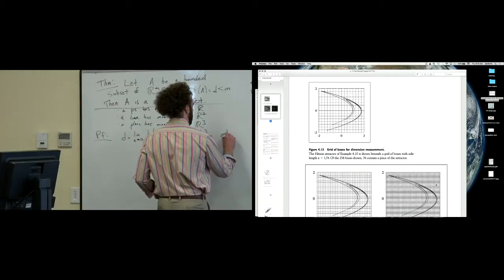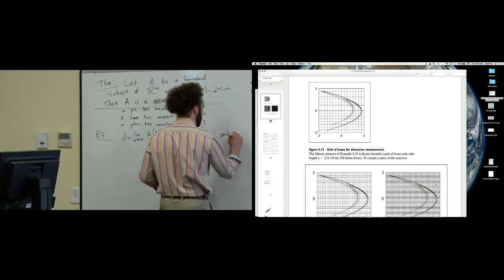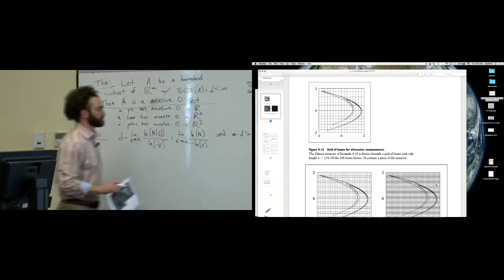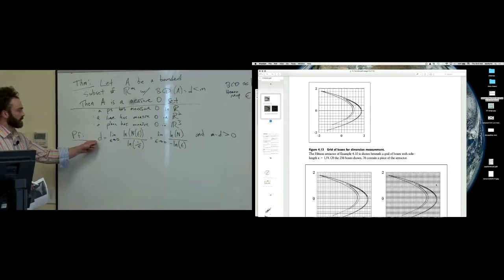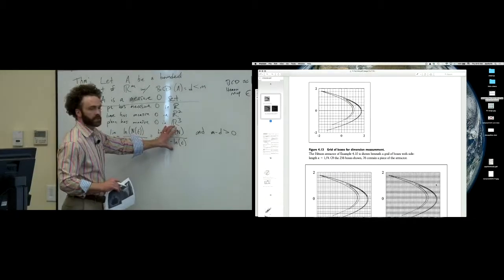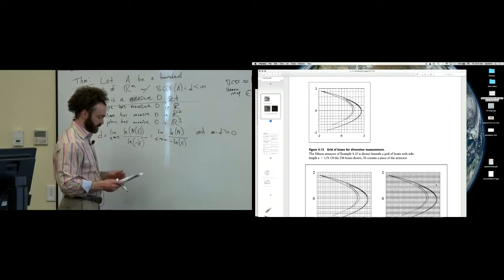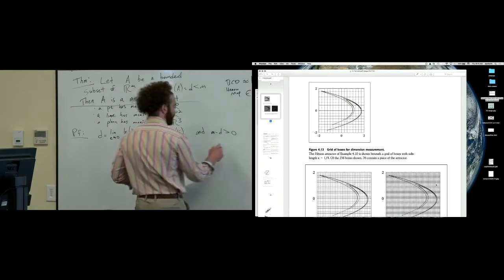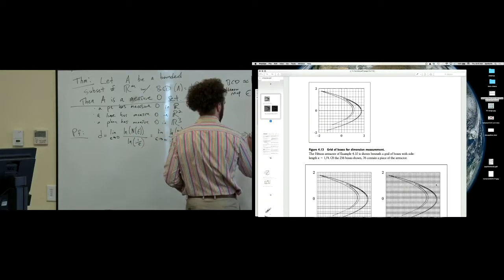And I know from my theorem, the proposition here, that m minus d is a positive number. So if I take m and I subtract this thing right here, I should get something bigger than 0, according to what we've written down. Okay, so let's write that down. So I've got limit, epsilon goes to 0.